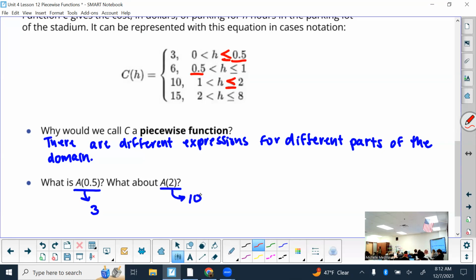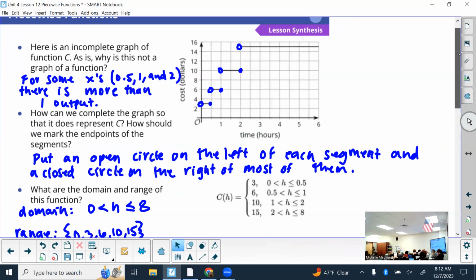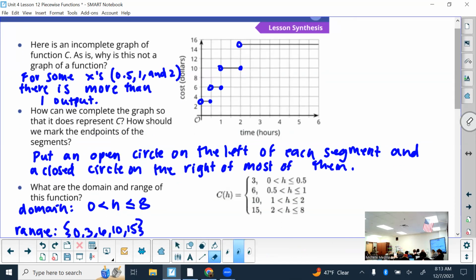I gotta flip to the next page. But the next page said, here's an incomplete graph of function C. As is, why is it not a graph of a function? So think, what makes something a function or not? I said for some of the x's, like 0.5, 1, and 2, there is more than one output.